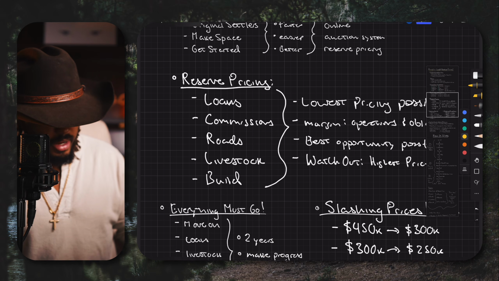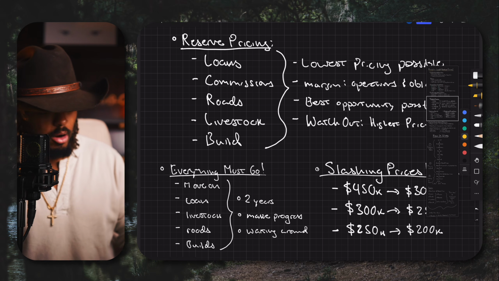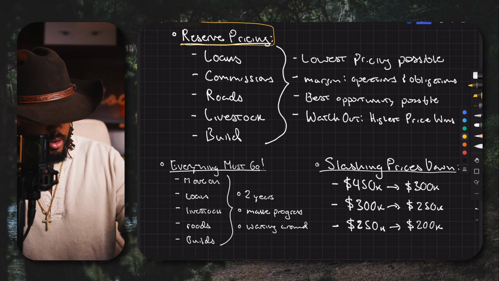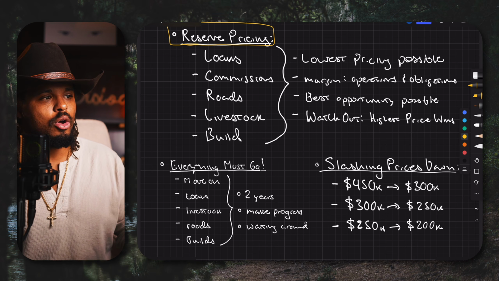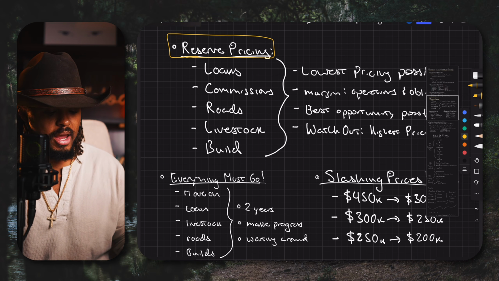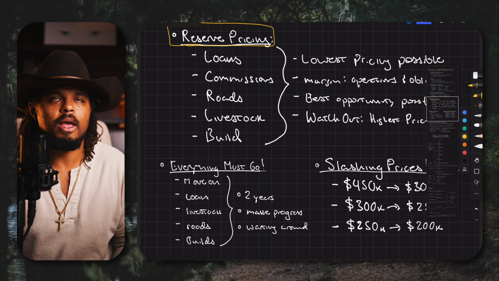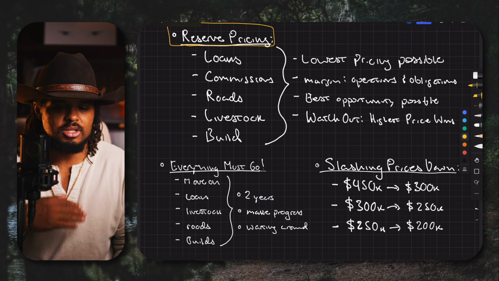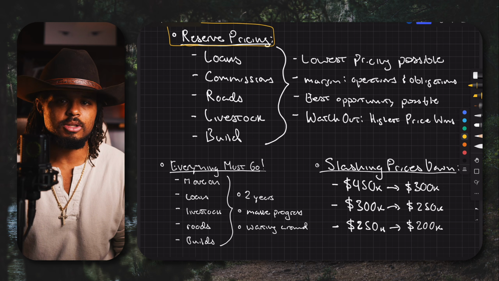This land auction would stand out because of one main thing: reserve pricing. If you go to the website right now and you look at the parcels over at Panoplia, the way they're currently priced, it just assumes the value of every single parcel.